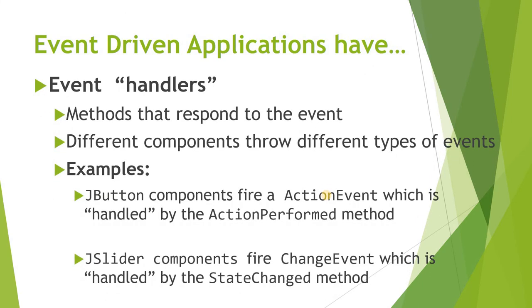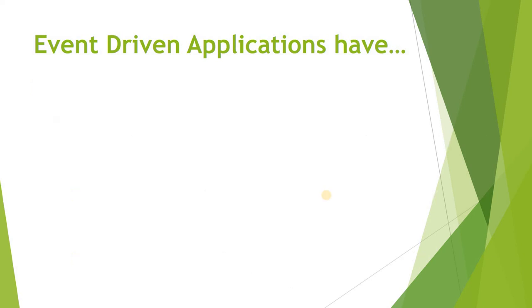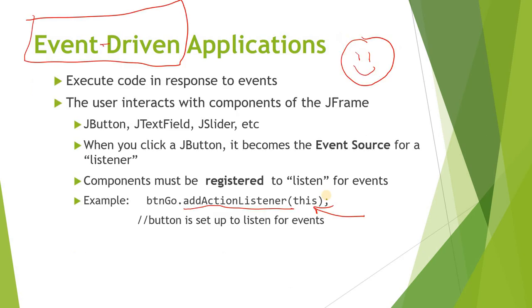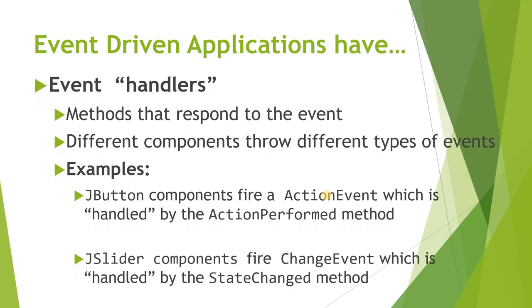Okay, so event-driven applications have event handlers, which are methods that respond to the event. So for example, with a JButton, we said we registered the button to listen for an event. Once it's registered, it has a handler, and the actionPerformed method would be programmed to handle what happens in response to that event.